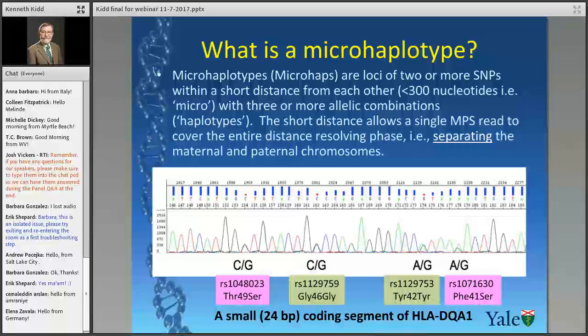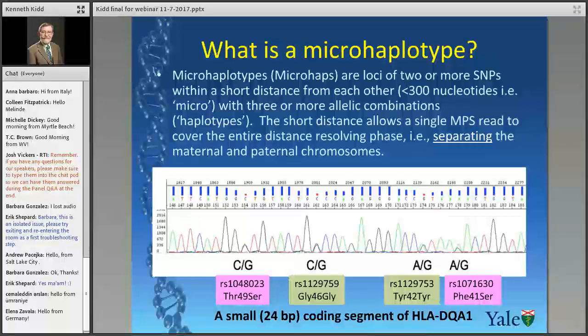And the short distance allows the brand new, at least in my career, massively parallel sequencing to read across the entire difference, resolving phase, thereby separating the maternal and paternal chromosomes.